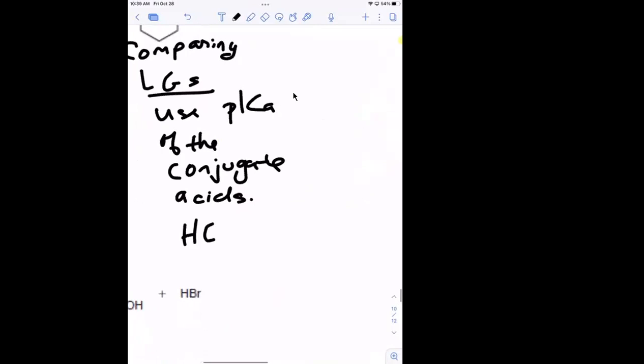-7. HCl is -7.0. What about tosic acid? It's the third one down. -0.6. OTsH. -0.6. Which one is the better acid? HCl? Yes. HCl has a lower pKa. That means it's a stronger acid. That means it has a more stable conjugate base.